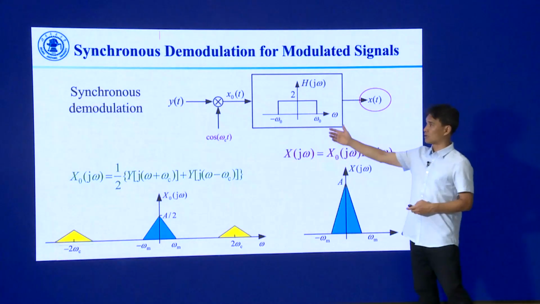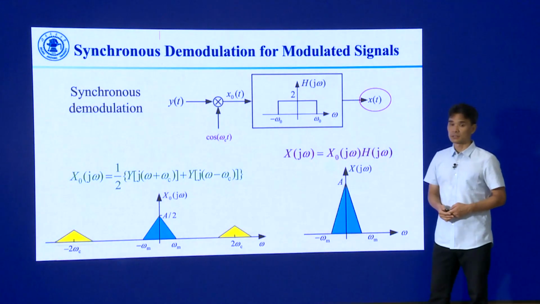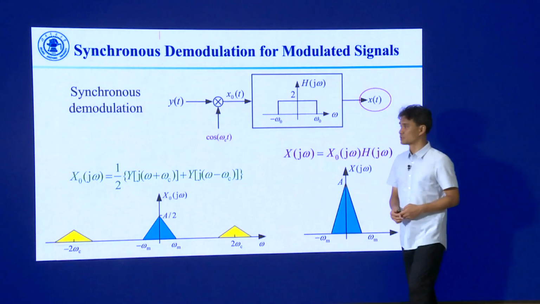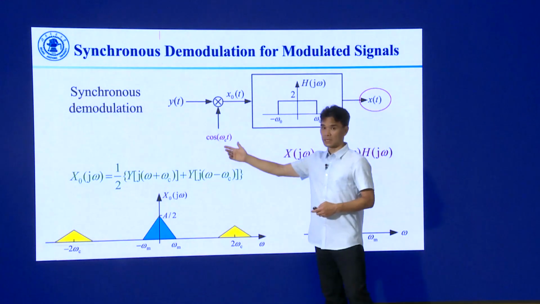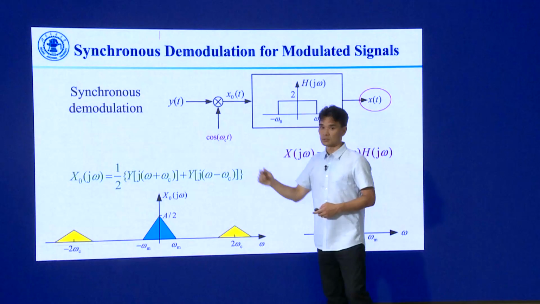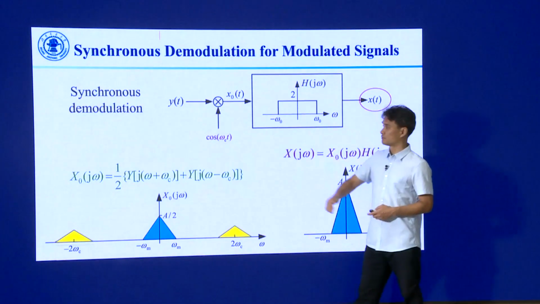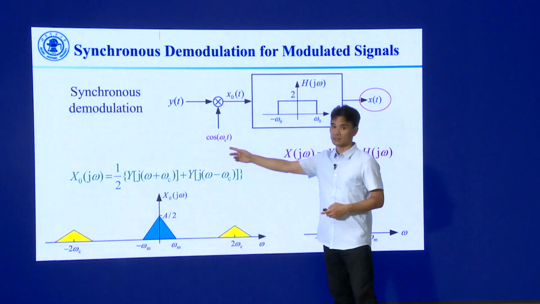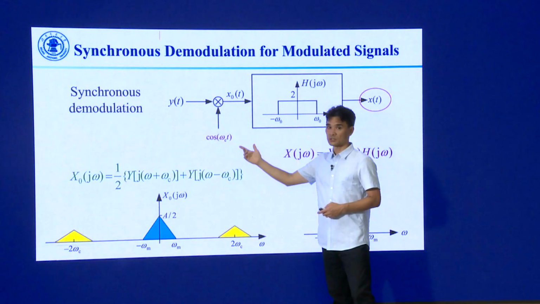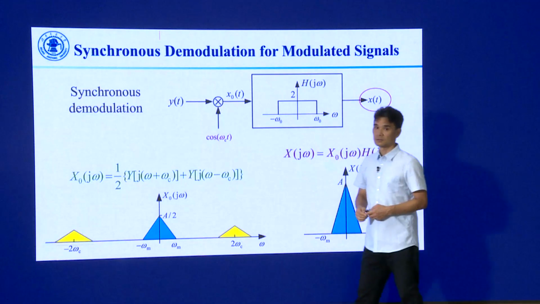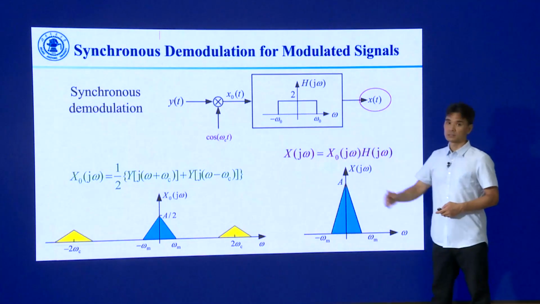This is called synchronous demodulation because we use the same carrier as we did in the modulation part. The frequency is the same and the phase is the same.